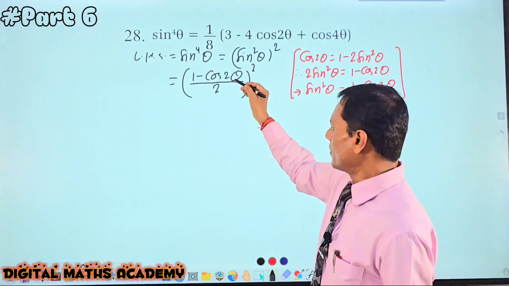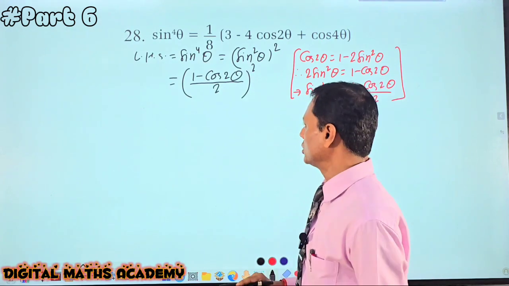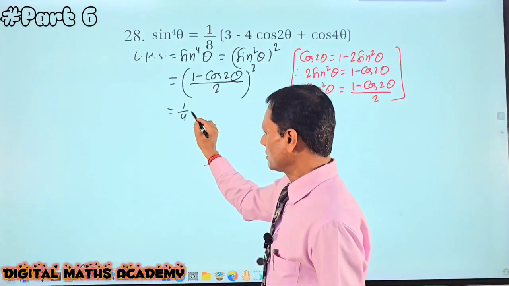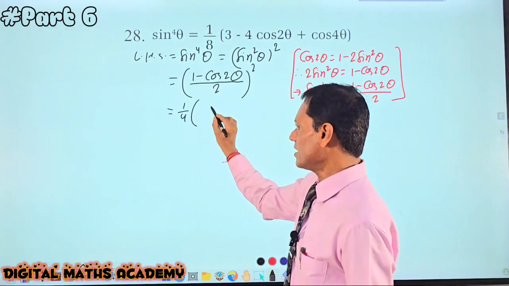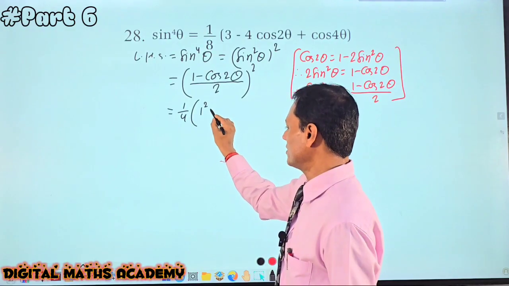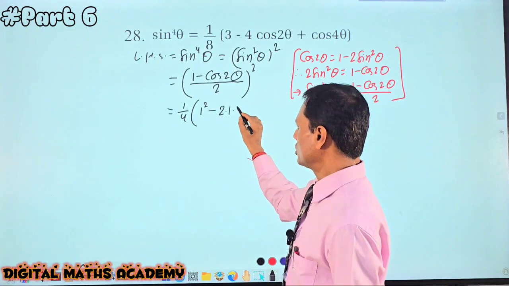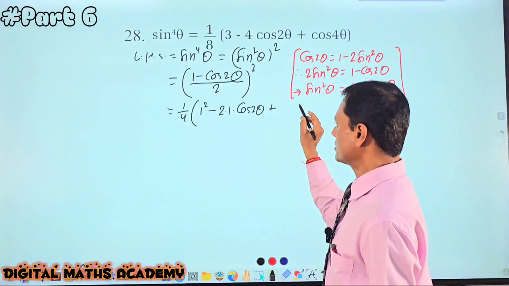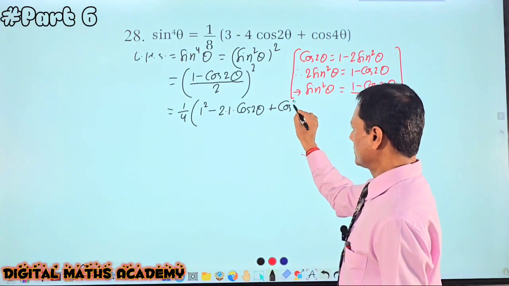So here we can write (1 minus cos 2 theta by 2) whole square. The next step, the square of 2 is 4, so 1 by 4, and here (a minus b) whole square. So 1 square means 1 itself, minus 2 dot 1 dot cos 2 theta, plus cos square 2 theta.